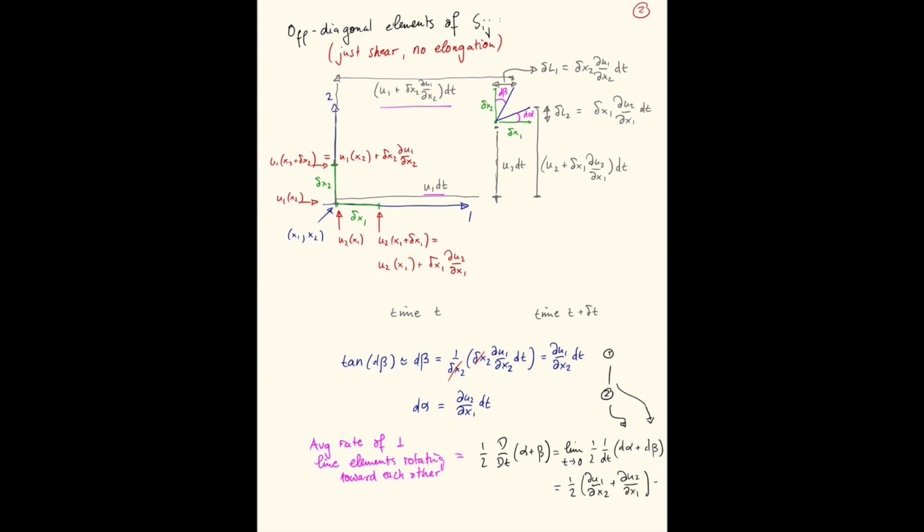And that, if you look back in your notes, is by definition just S12, and since the strain rate tensor is symmetric, it's the same as S21. And so this here is our measure of shear. So S12, the element S12 of our strain rate tensor, is essentially just how much shear does a fluid element undergo in a given unit of time.